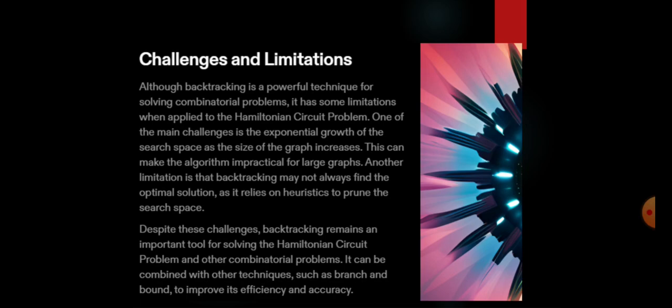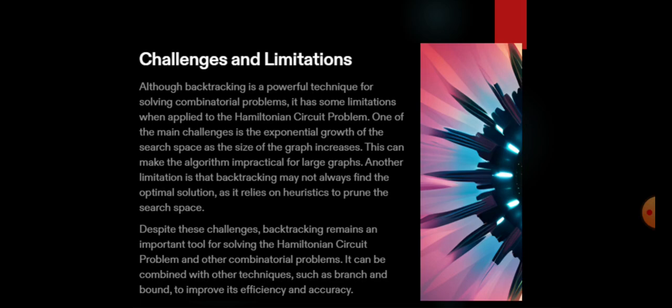And what are the challenges and limitations of this backtracking algorithm, that we are going to discuss next. We know that backtracking is a powerful technique for solving combinatorial problems, but it has some limitations when applied to the Hamiltonian circuit problem. One of the main challenges is the exponential growth of the search space as the size of the graph increases.